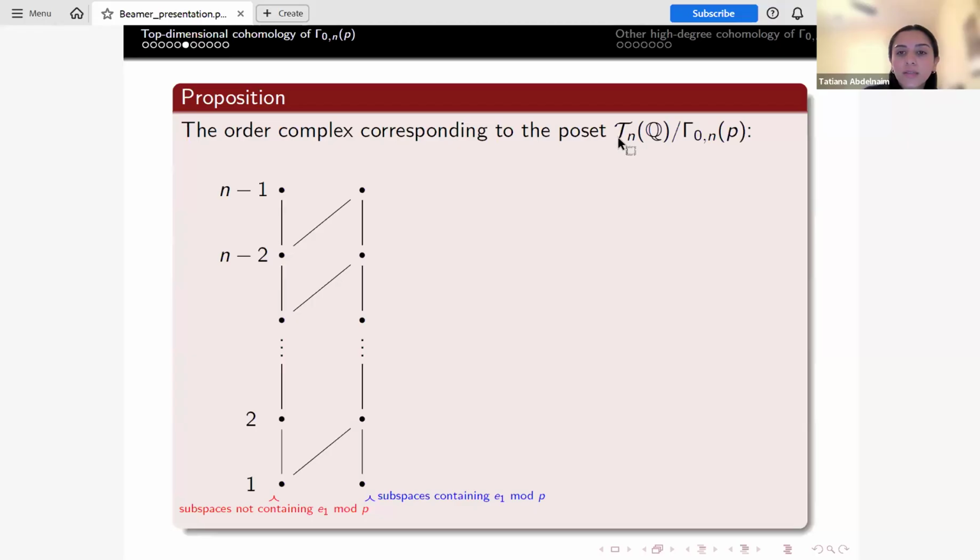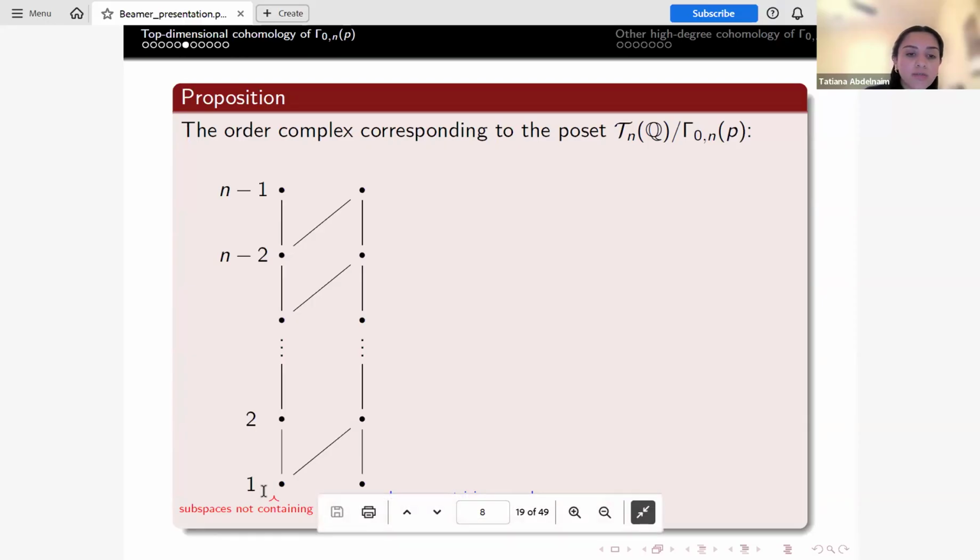So the vertices in the Tits building are non-zero proper subspaces. So their dimensions range from 1 to n minus 1. These bullets represent the dimensions of the subspaces. And for each dimension, we get 2 orbits.